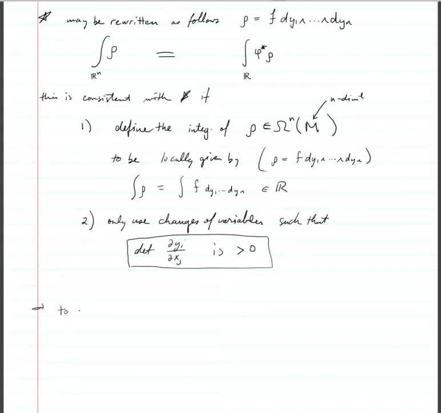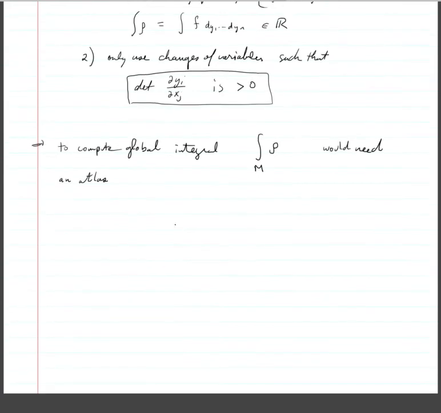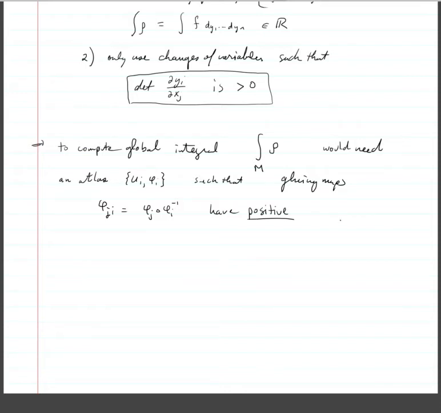This means that to compute a global integral, an integral over all of M of a form, I would need an atlas such that the gluing maps phi ji, which is phi I inverse composed with phi j, have positive Jacobian determinant.